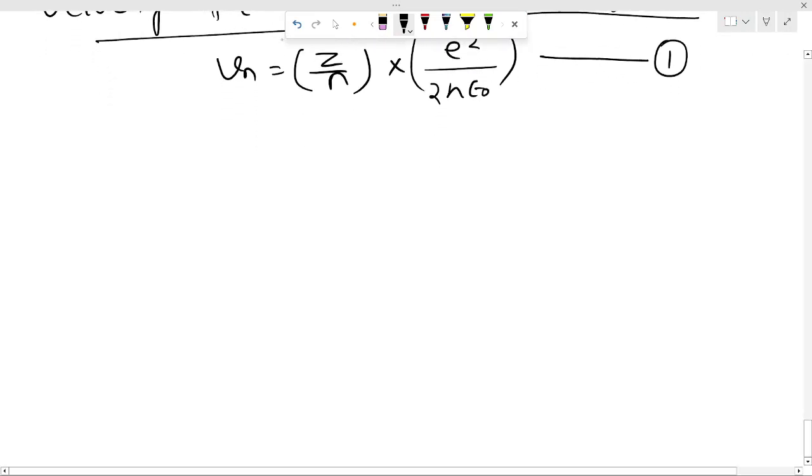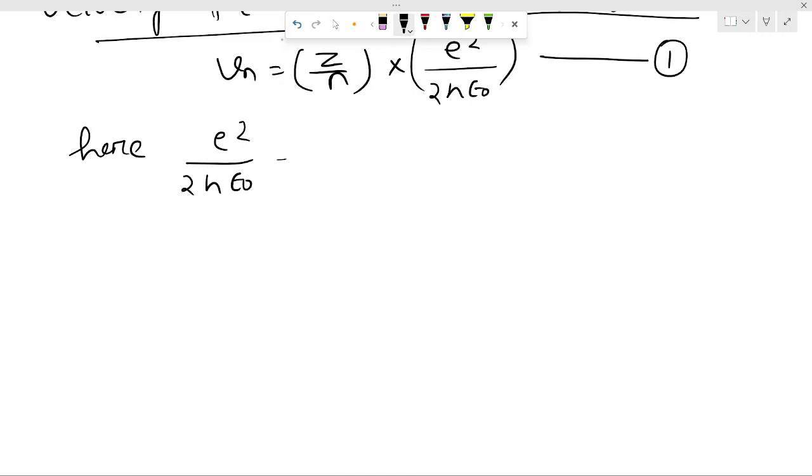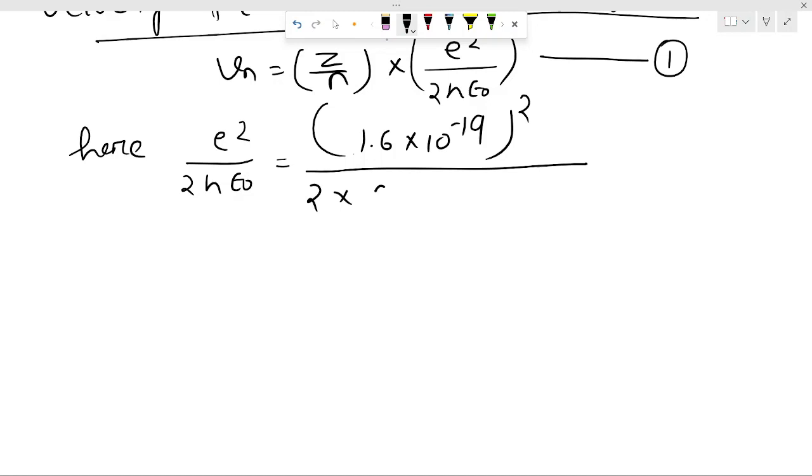Here e square upon 2h epsilon naught is a constant, and we have to calculate this value. That is, e is 1.6 into 10 to the power minus 19 square, divided by 2 into Planck's constant 6.62 into 10 to the power minus 34 into epsilon naught 8.8 into 10 to the power minus 12.